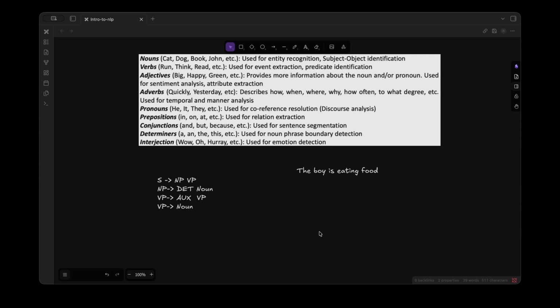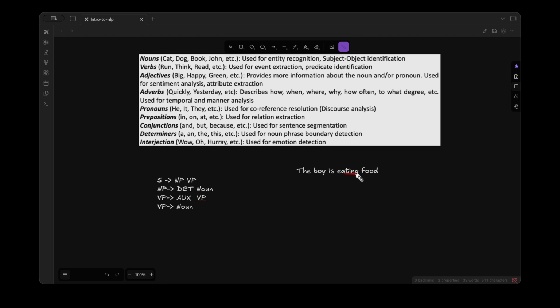Here the noun doesn't mean a name; noun directly means one object also, so the object can be the noun itself. Here "is" is the auxiliary verb, and "eating food" is in itself a verb phrase.